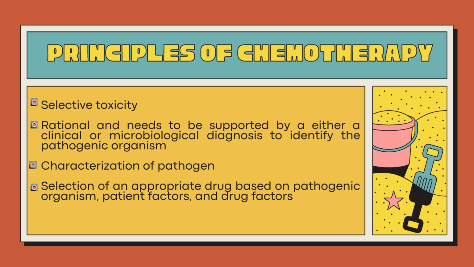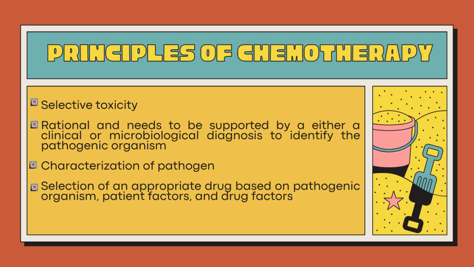Furthermore, characterization of the pathogen or pathogens, including its sensitivity to an antimicrobial agent, is essential. This is because if you characterize the pathogen which you need to inhibit or kill, you can identify what type of agent is perfect for that kind of pathogen.